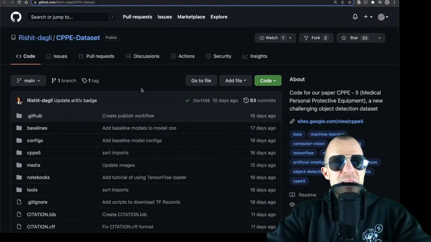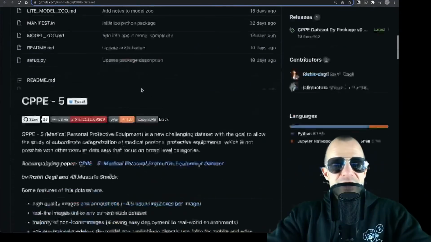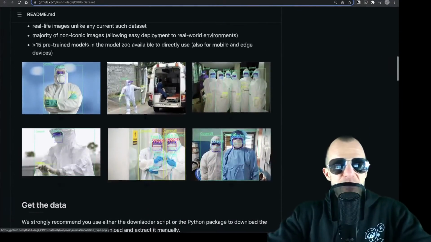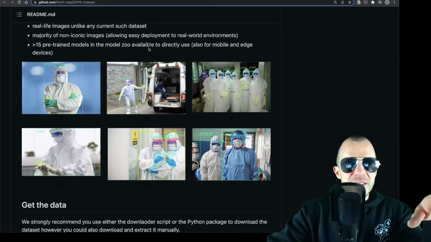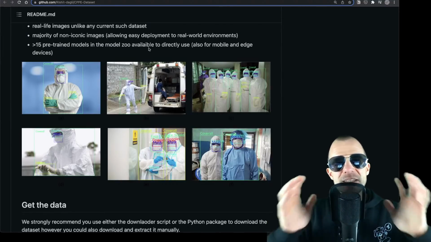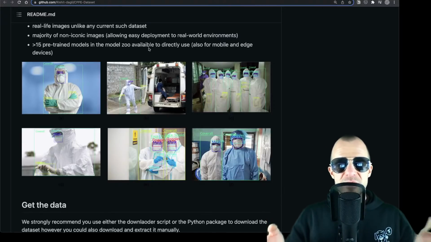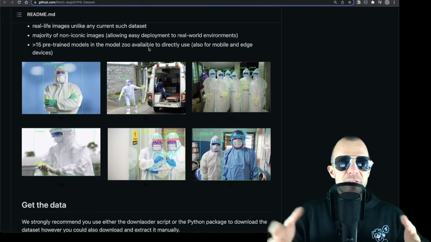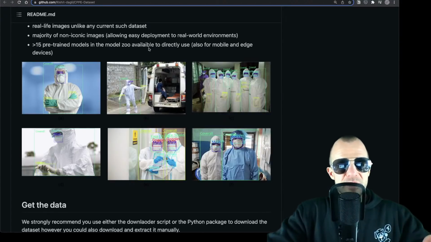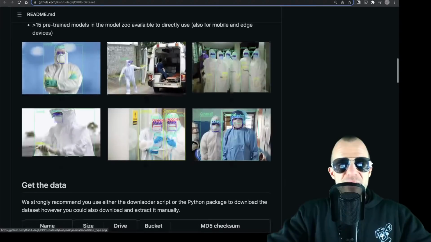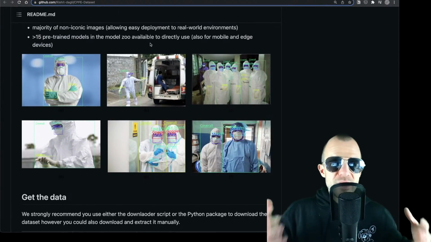Okay, the CPPE dataset. It's a dataset that is essentially an image recognition, localization, segmentation, or multi-localization dataset, and is specifically for personal protective equipment. So the difference between this and other datasets is that this is specifically for the niche of the medical field, and they've paid special attention, as far as I can understand, that the pictures are real life pictures.